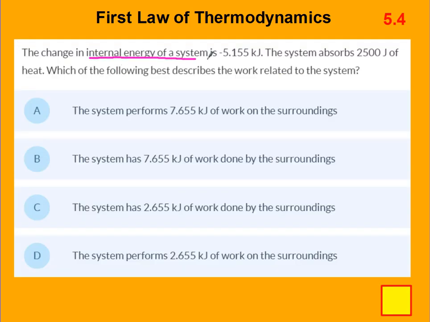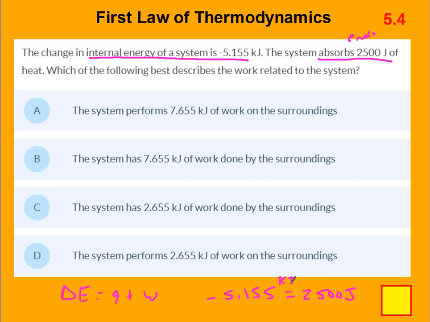So our change in energy, so delta E equals Q plus W. Our delta E is negative 5.155, and that's equal to our Q, and it says the system absorbs energy, so that's positive or endothermic. So that's 2,500 joules.